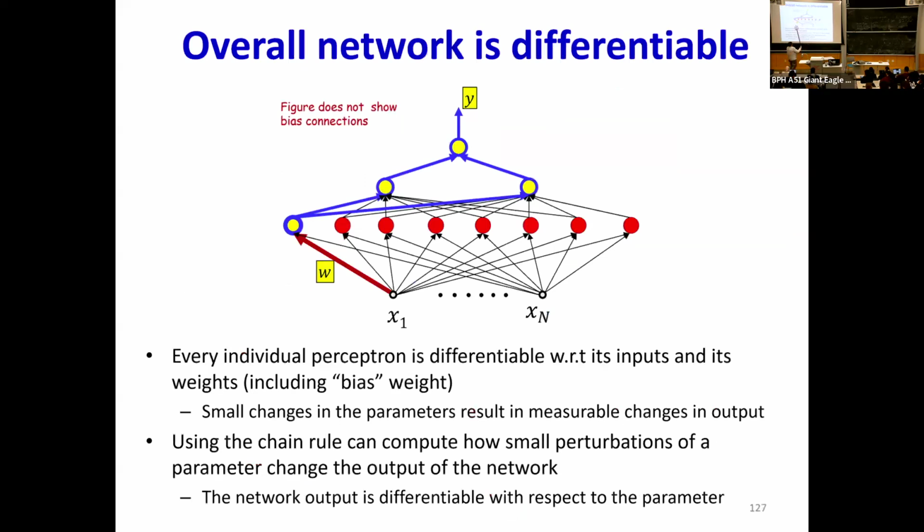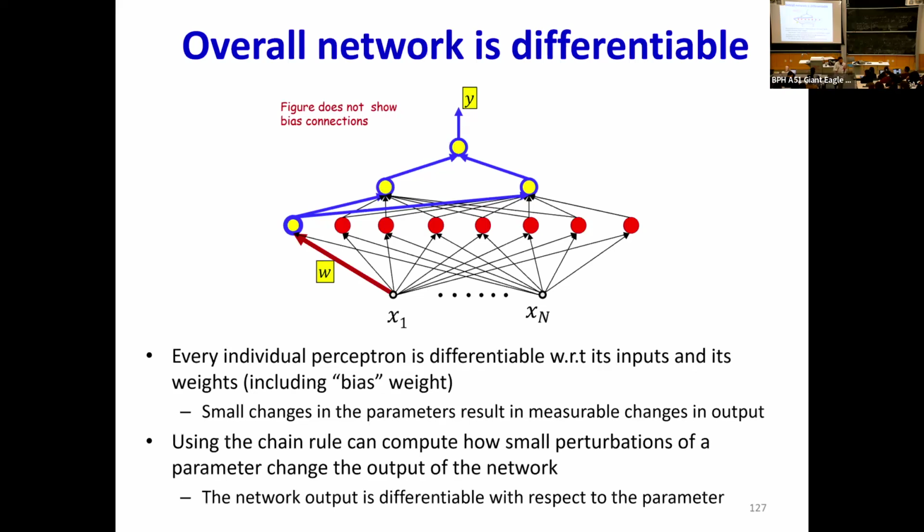I'm also going to be able to quantify how much a small perturbation of this unit will perturb this output, and how much a small perturbation of this one will perturb this output. And because the subsequent activation is also differentiable, I will be able to tell you how much small perturbations of these are going to change y. And so if I chain them all together, I can tell you how much a small perturbation of this one w is going to change the y at the very end of the network.